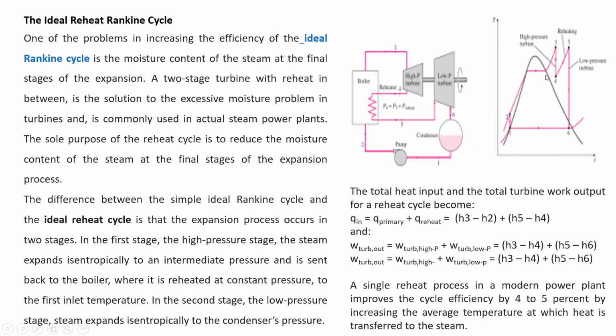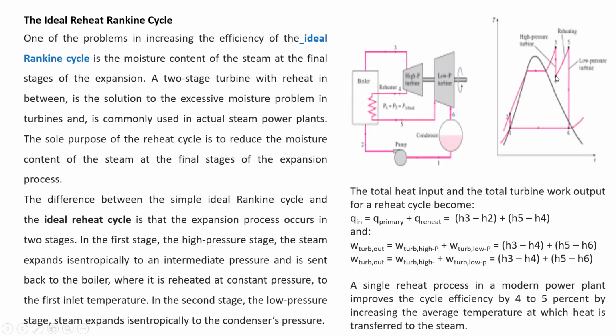Then 2 to 3, you can see the heating at constant pressure taking place in the boiler, and 3 to 4, expansion in the first stage, that is the high pressure or intermediate pressure turbine. Then it is reheated. This reheating is shown by the process 4 to 5.